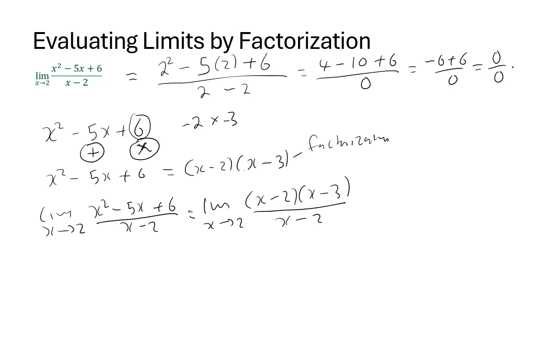So this x minus 2 goes in one time. We'll be left with the limit as x tends to 2 of 1 times x minus 3, and that's just x minus 3. That's all we have left. Now we take the limit: wherever we have x, since x is approaching 2, we substitute 2. So we'll have 2 minus 3, and this is minus 1.